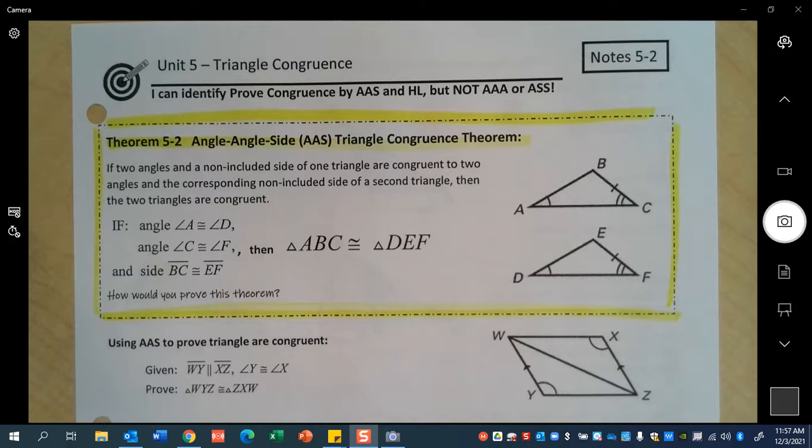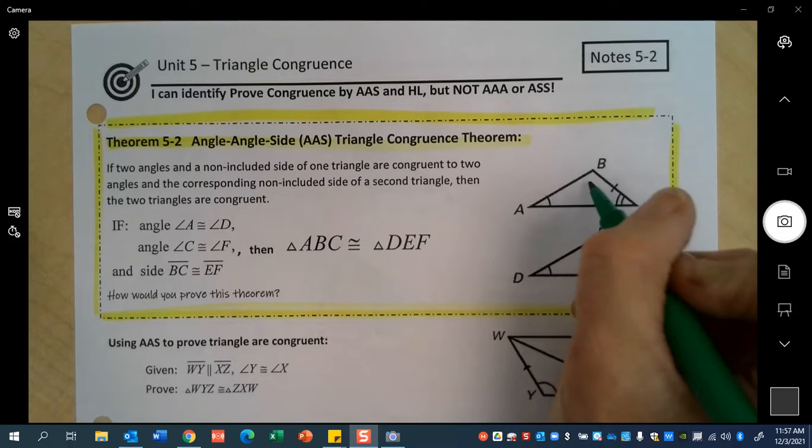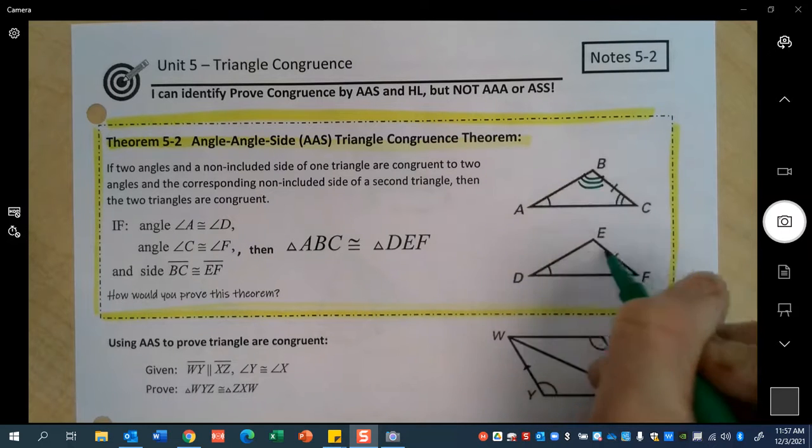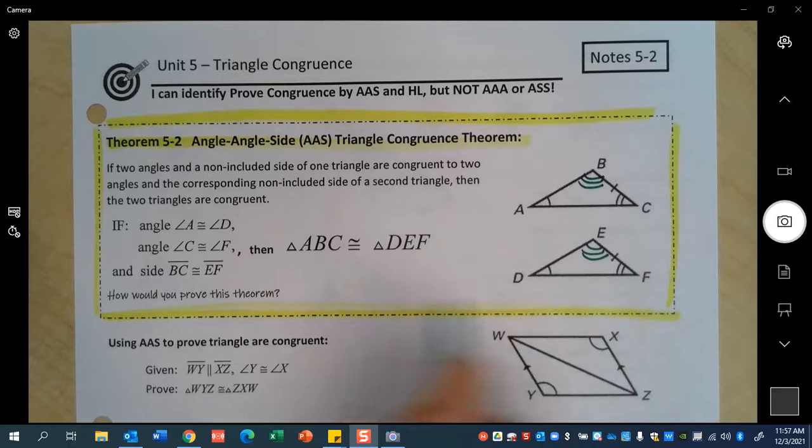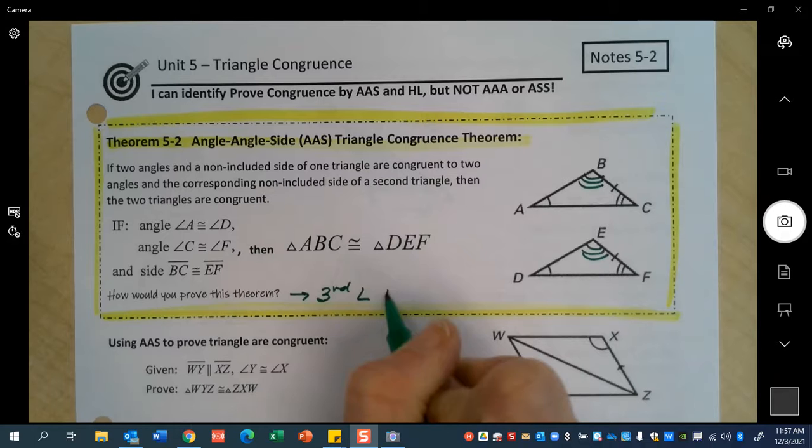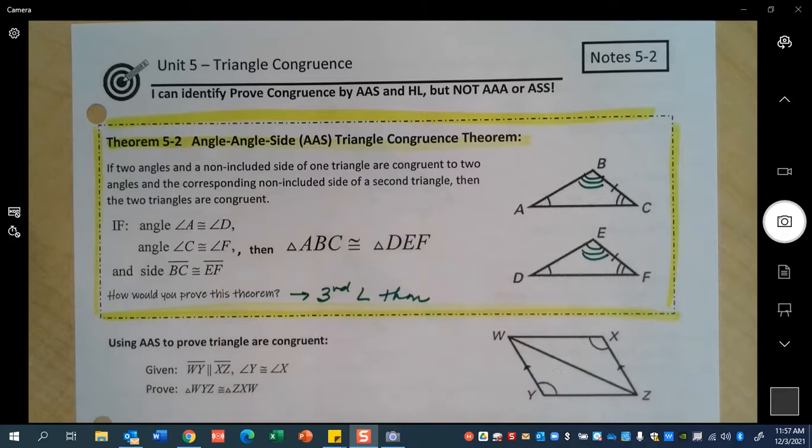People aren't worried about that because if you are missing your third angle, we know that your third angle theorem will give it to you, and you can always then use angle side angle.